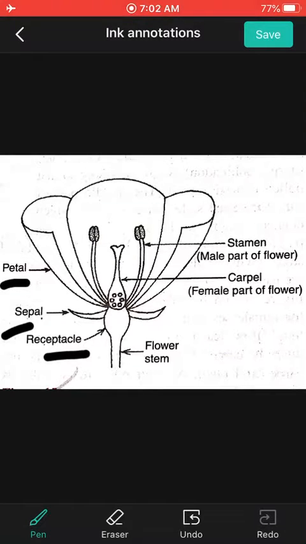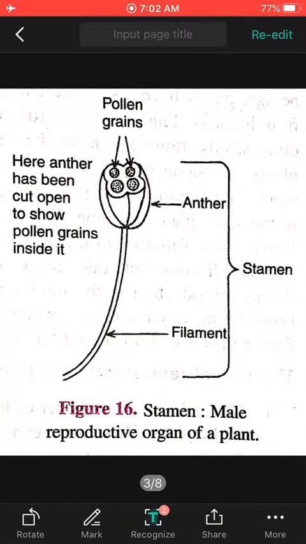Now stamen and carpel. Let's study their structure, how they look. This is the structure of the stamen, the male reproductive part. It consists of two things, anther and filament.